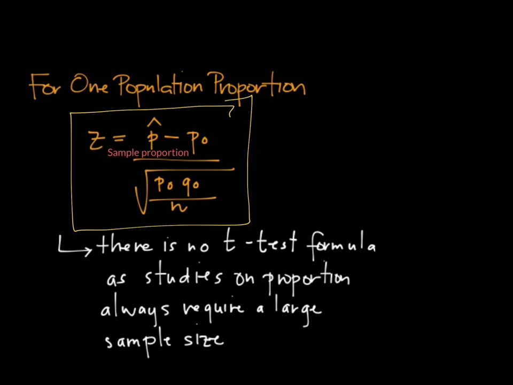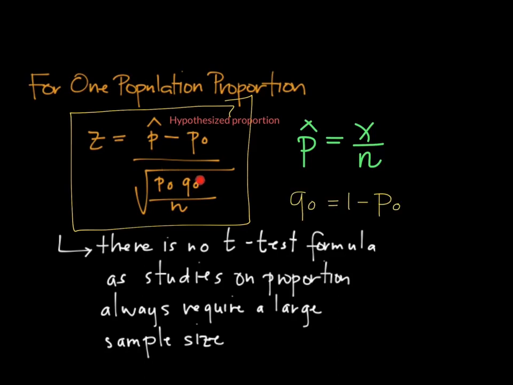So this is our sample proportion. P hat is equal to x over n. And then the p sub 0 is the same as the hypothesized mean. So this is our hypothesized proportion, divided by the square root of p sub 0 q sub 0 over n, which is the sample size.